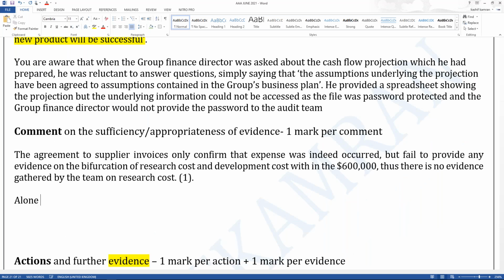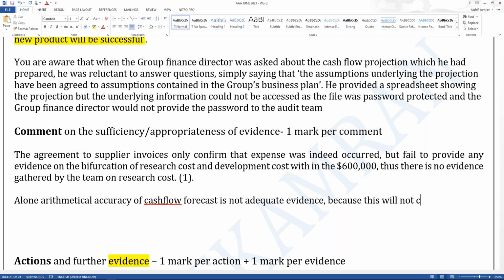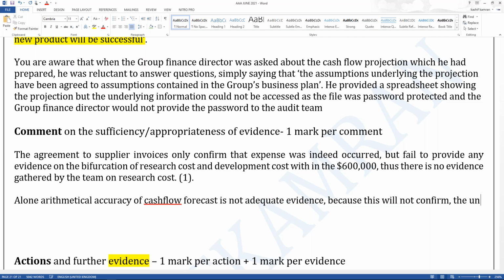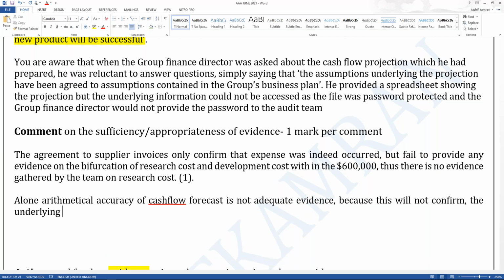Alone arithmetical accuracy of cash flow forecast is not adequate evidence because this will not confirm the underlying basis and their adequacy used in preparing the cash flow forecast.